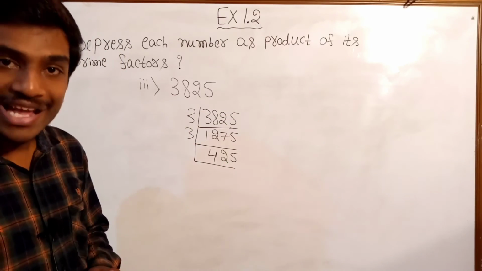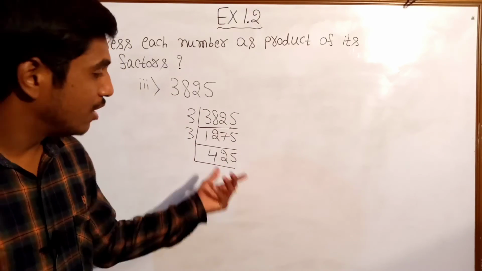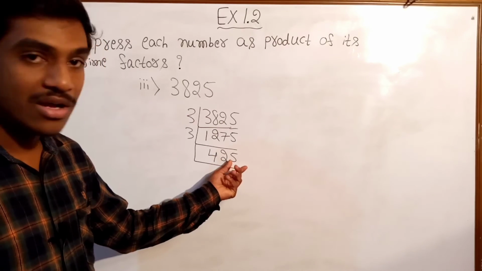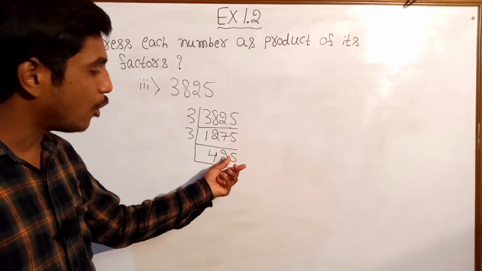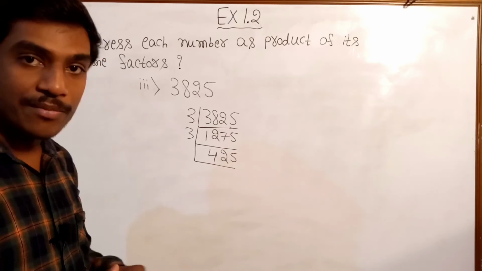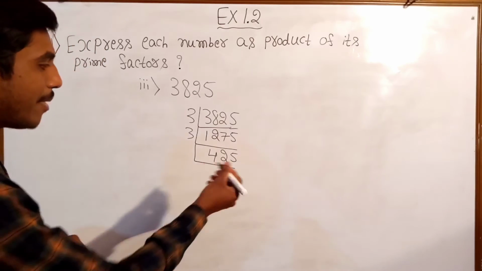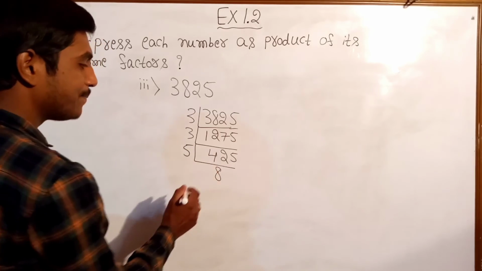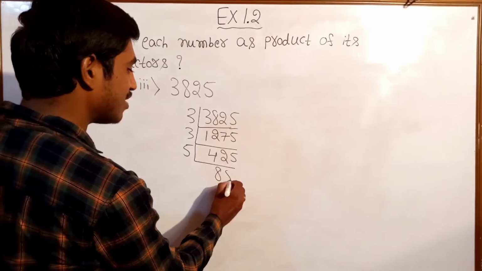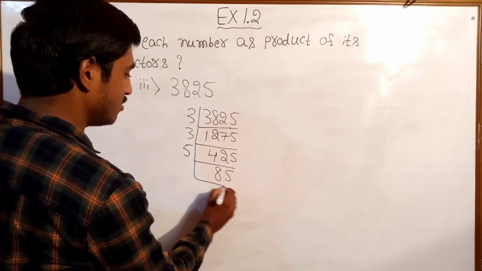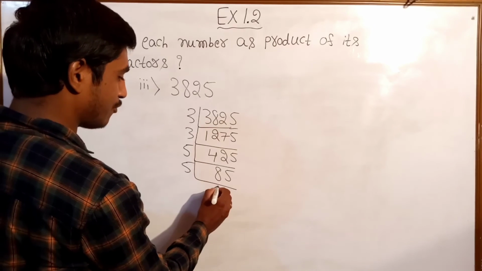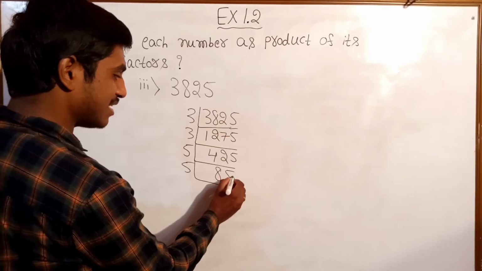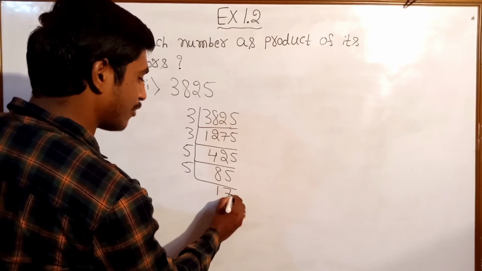So we will go with the next prime number, which is 5. If the units digit is 5 or 0, then the number is divisible by 5. So this number is divisible by 5. 5 eights are 40, remainder is 2, 25, 5 fives are 25. Again 5 ones are 5, remainder is 3, 35, 5 sevens are 35.